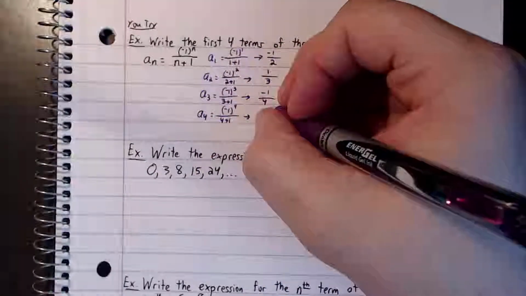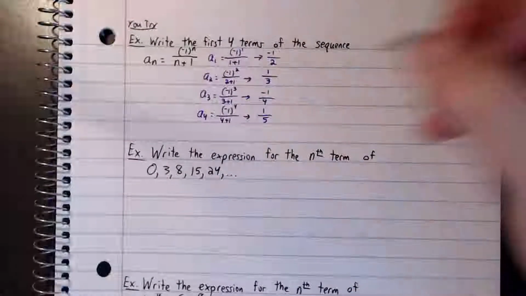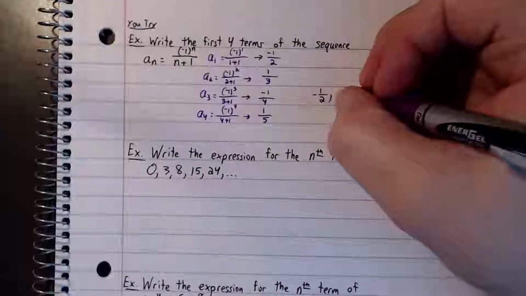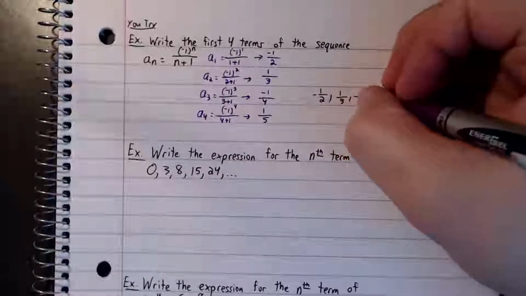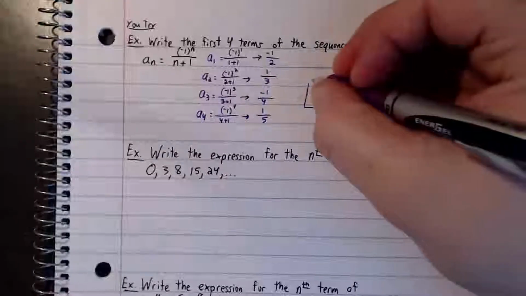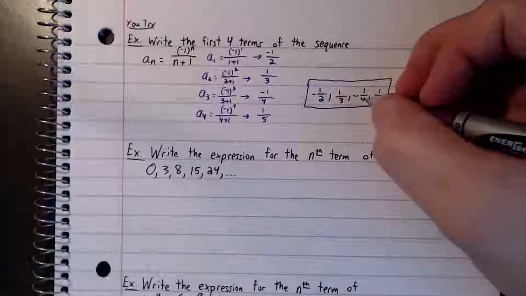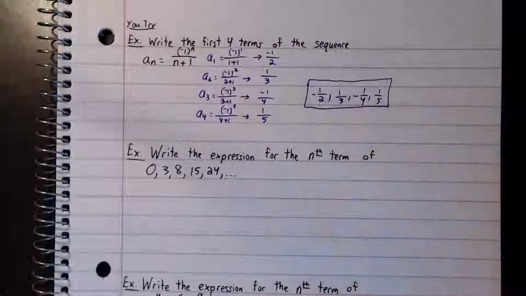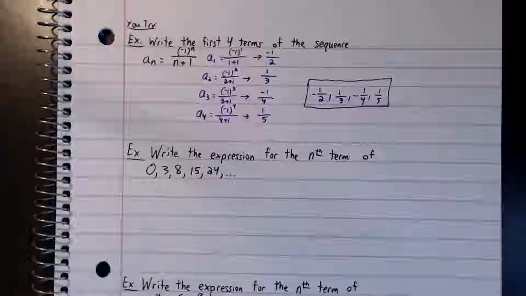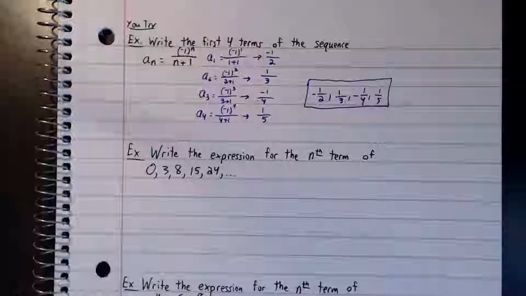And finally, +1 over 5. So here are your solutions: -1/2, +1/3, -1/4, +1/5. And we can probably make some guesses. It looks like every even is going to be negative and every odd is positive, so we could predict what some of the future ones might look like.